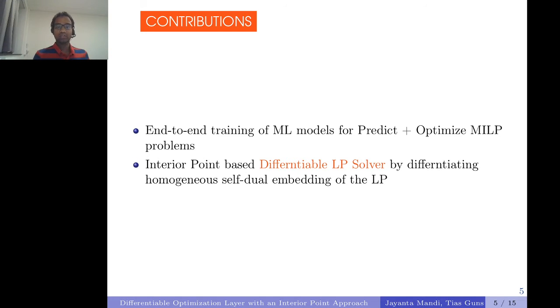So in this work we will train a machine learning model end-to-end for predict plus optimize LP problems, and we will do this using a novel differentiable LP solver which differentiates the homogeneous self-dual formulation of the LP.